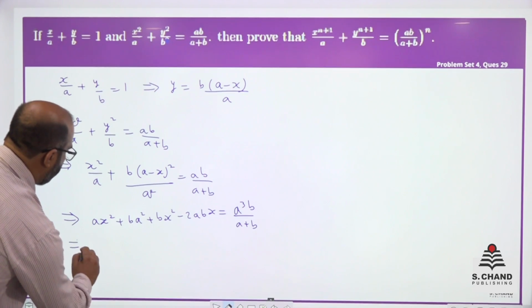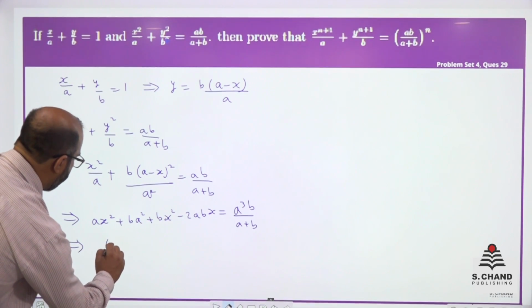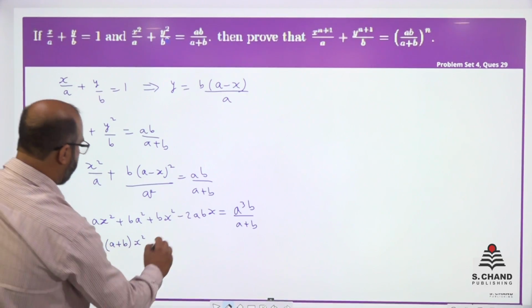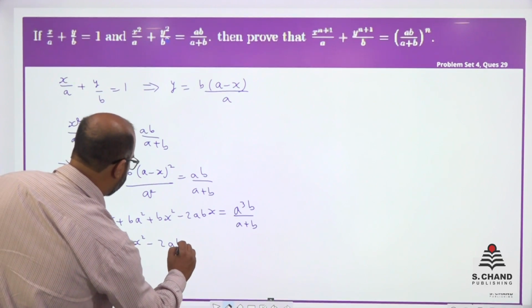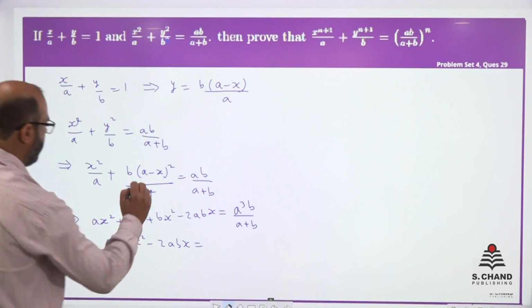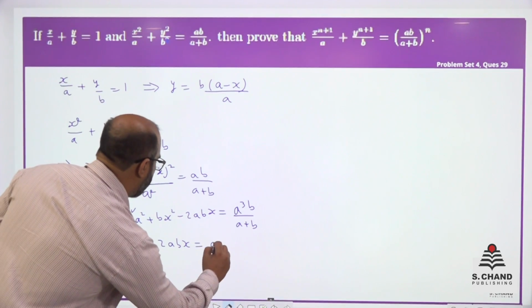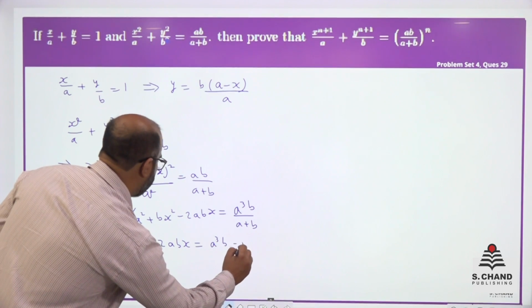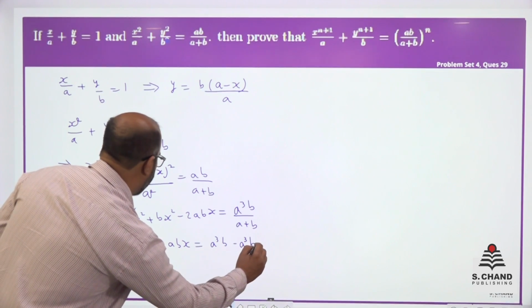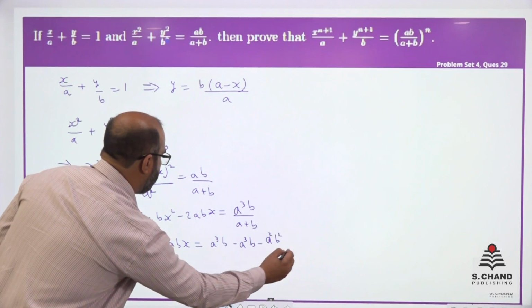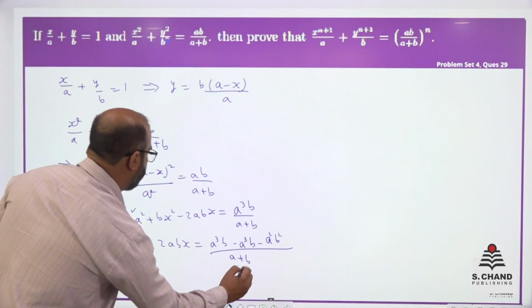Now, a x square plus b x square is a plus b x square. Here it is minus 2abx, and this b a square I am taking on the right hand side. So, it will become a cube b minus a cube b after taking LCM, minus a square b square upon a plus b.